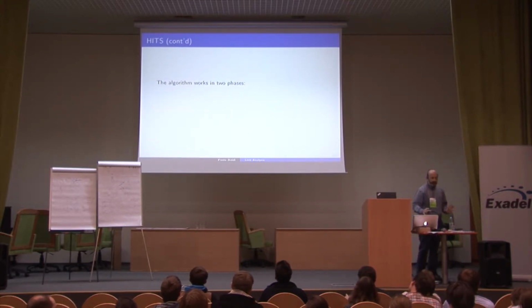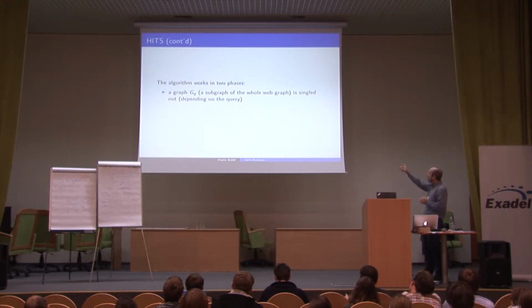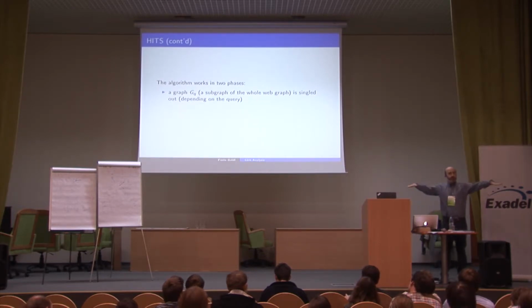So the HITS algorithm works in two phases. The first phase, given a query, selects a certain graph that I will call GQ that depends on the query. So for example, if your query is pizza mozzarella, then it will choose in the whole graph a set of pages that are related, and I will be more precise about this later, to pizza mozzarella.